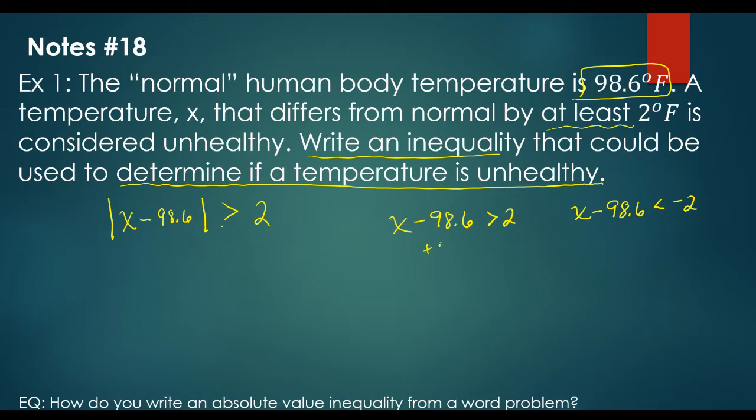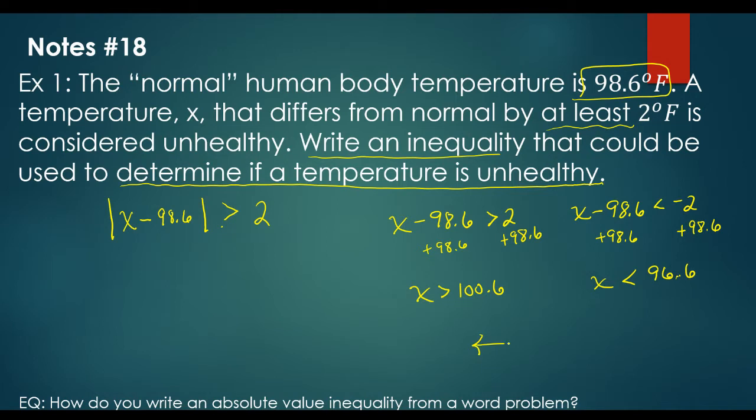So then we're just going to add 98.6 on both sides. So this one would be anything greater than, what is it, 100.6. And again over here, add 98.6. This would be temperatures less than 98.6 minus 2 degrees, which would be 96.6.